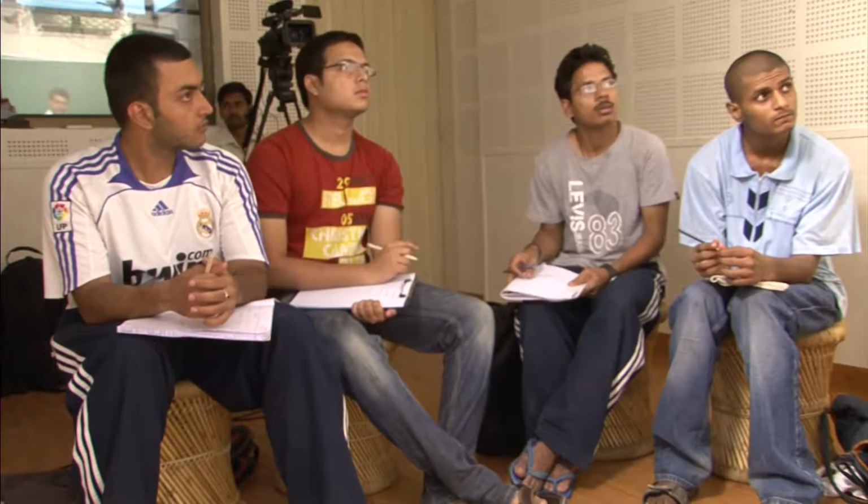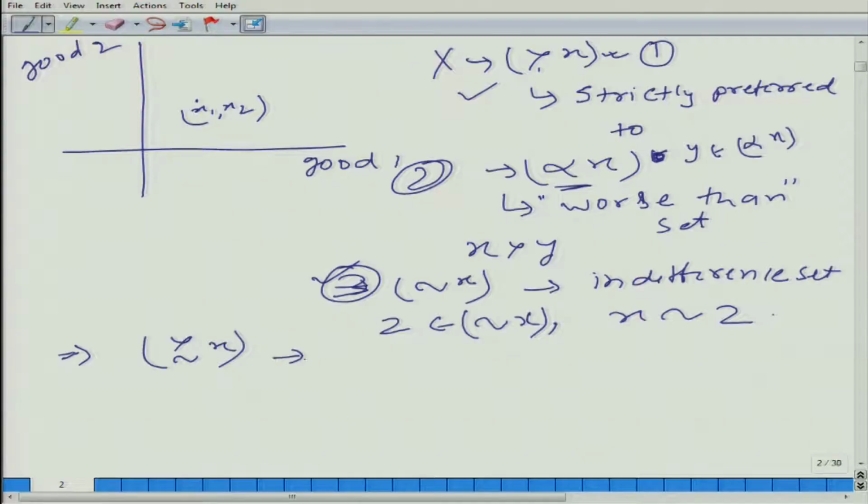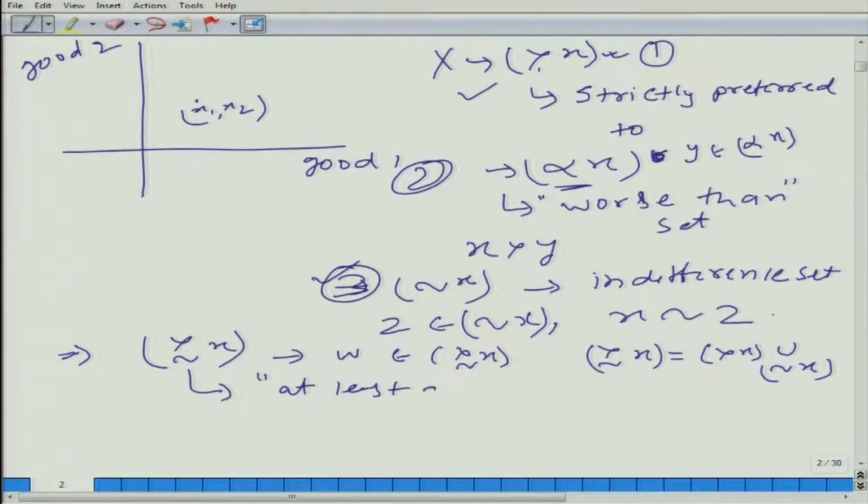Take any element, let us say w, belonging to it. Let me write it again. This is nothing but the union of these two sets, and we can call this set the at least as good as set, or at least as preferred as set.